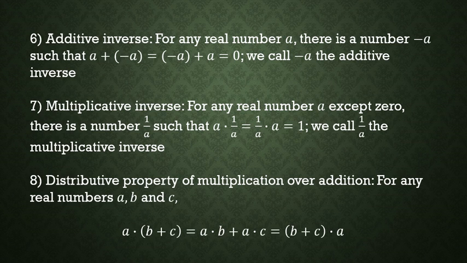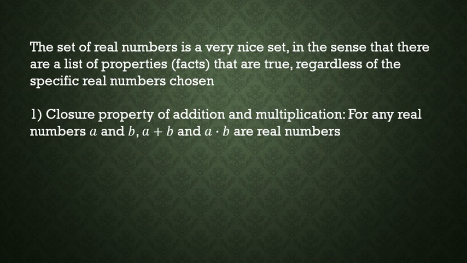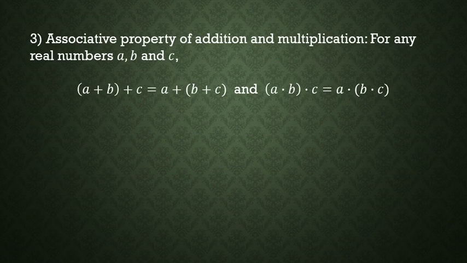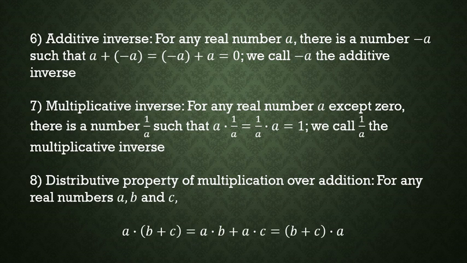But these are just general properties that you will want to keep in mind and you will want to use throughout this course. Mainly things like the closure property, the commutative property, and the associative property, the distributive property as well, there at the end.